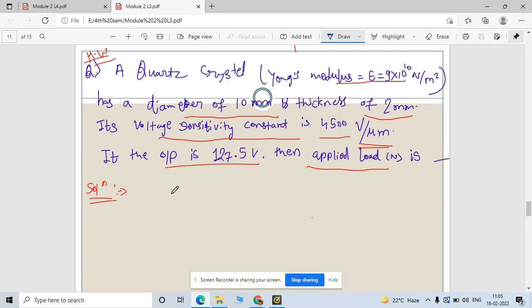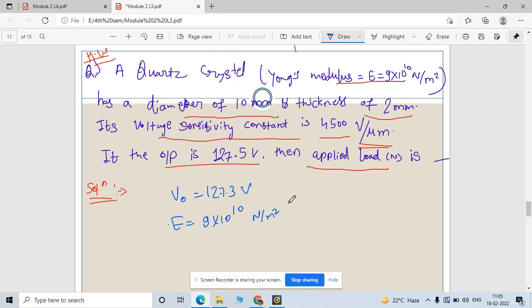So here what is given to you? V naught is equal to 127.3 वोल्ट. E यंग्स मॉडुलस दिया हुआ है. ओके, सो E वैल्यू इज 9 इंटू 10 न्यूटन पर मीटर स्क्वायर.